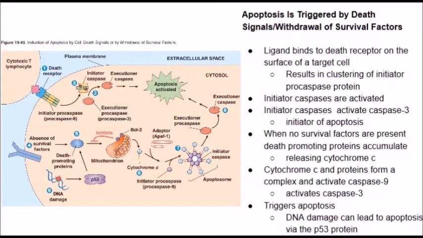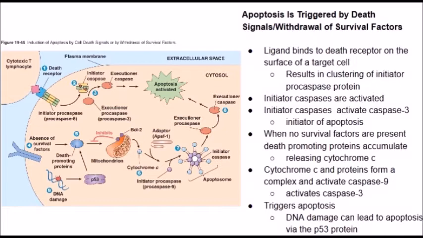The survival factor is no longer present, so death promoters accumulate by counterbalancing the BCL2 on the mitochondria, acting as an inhibitor. The result is the release of cytochrome C. When cytochrome C and the adapter form a complex, the end result activates the initiator procaspase, which is procaspase 9.